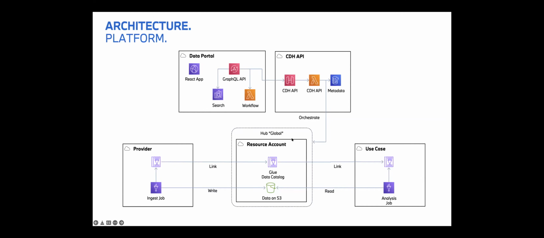So creating S3 buckets, registering accounts, creating accounts. So really the low level stuff to be enabled on AWS. And the data portal and GraphQL API is really more about the user workflows. So for example, requesting access and not so much about creating AWS resources. So this is the separation between those two.